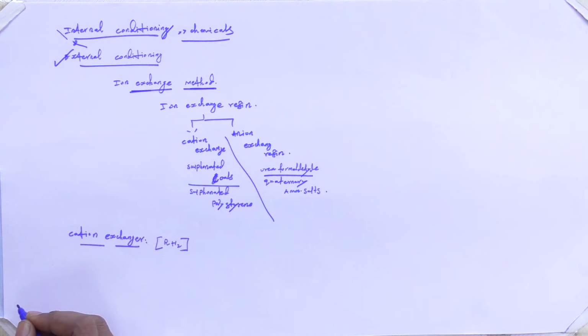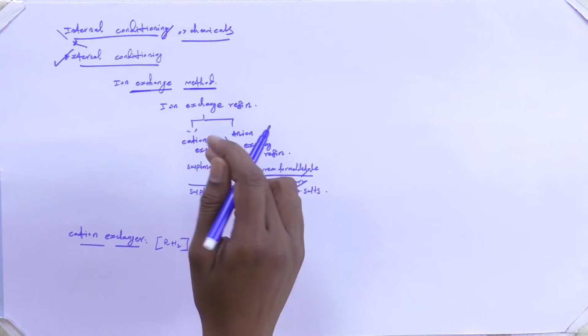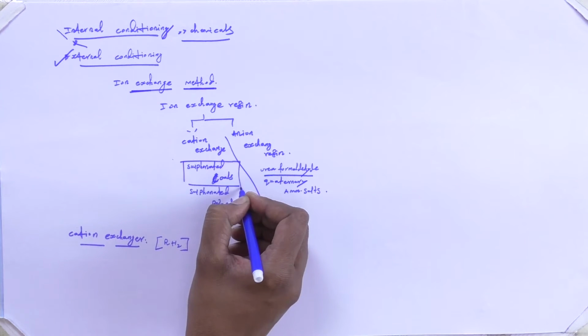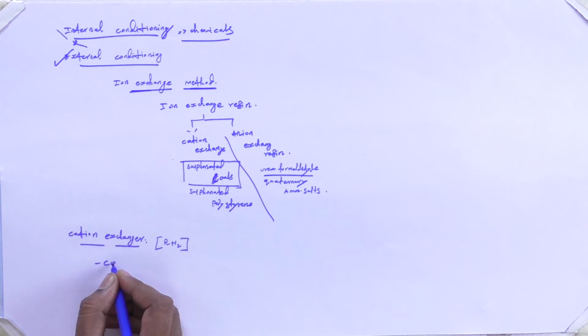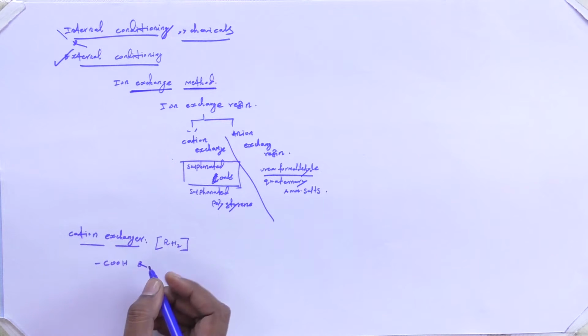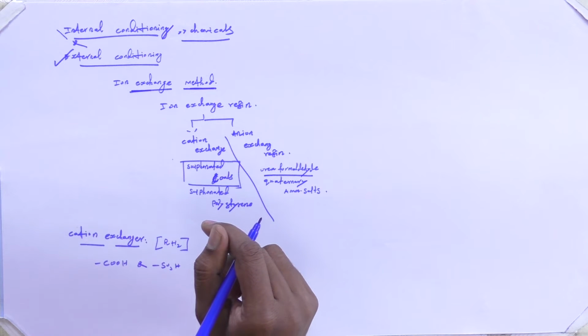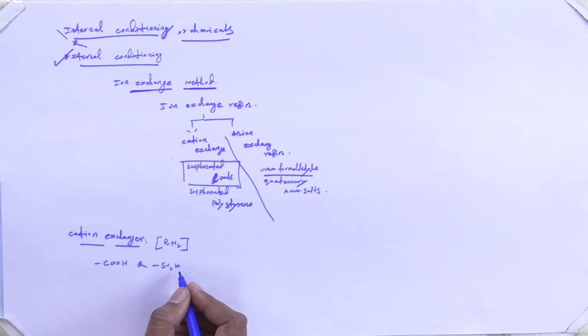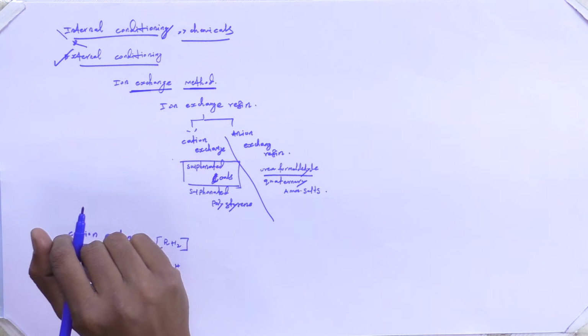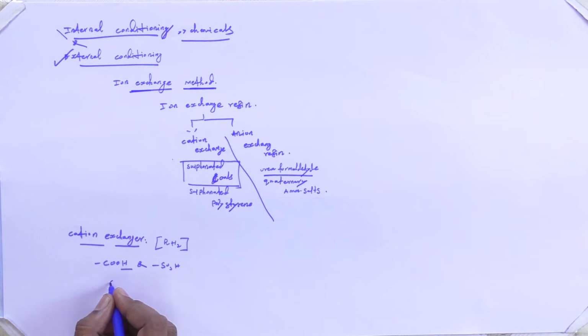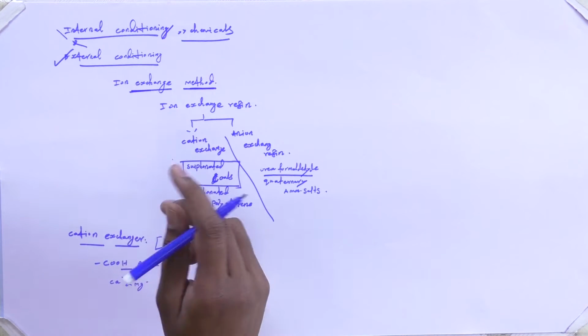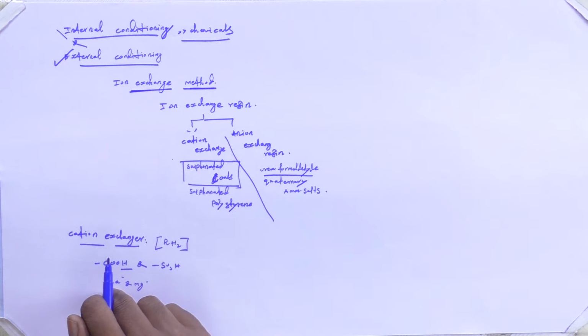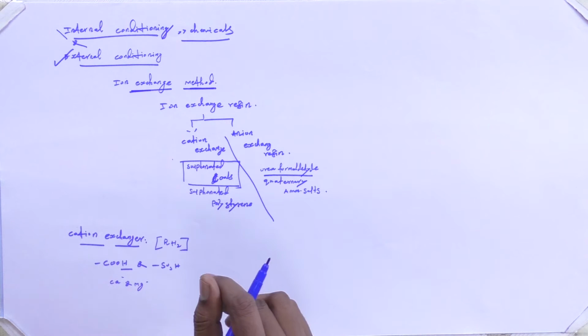The cation exchange resins contain COOH groups and SO3H groups. In these COOH and SO3H groups, the H is replaced by cations like calcium and magnesium ions.